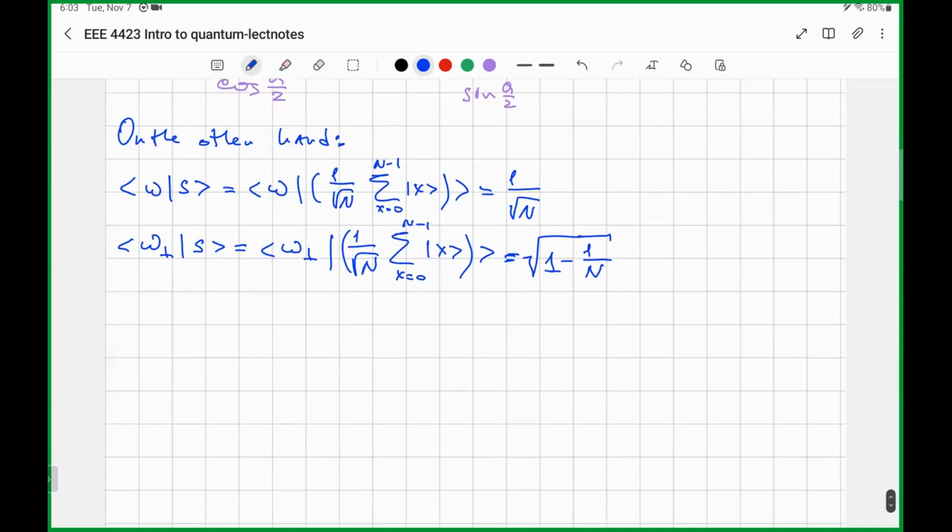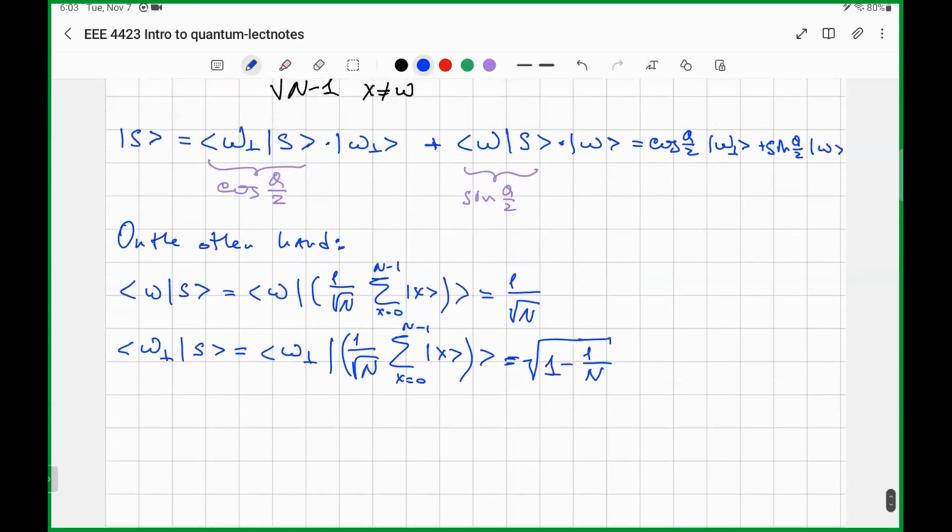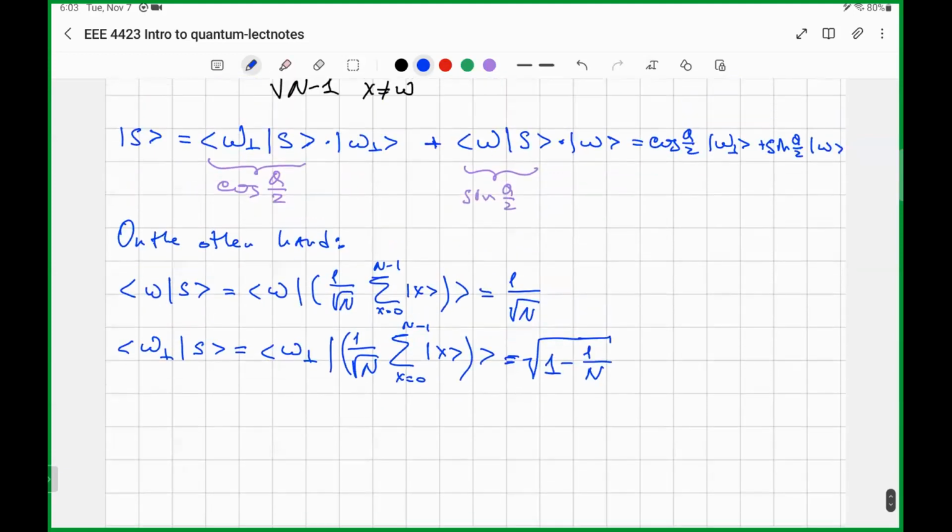Or similarly, if I take the square of the first of these, and plus the square of this one, I would get exactly 1 because of the normalization. So anyways, we just get the result that sine theta over 2 in the angular representation is equal to 1 over square root of n.